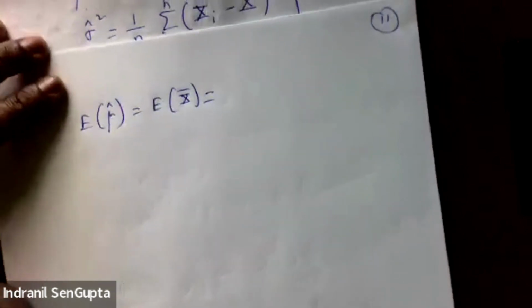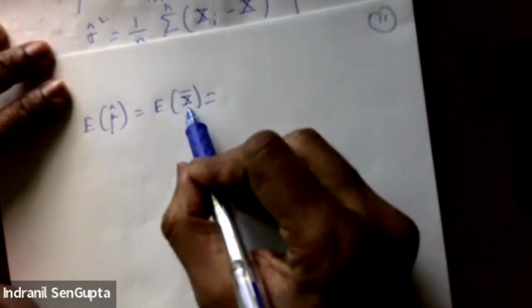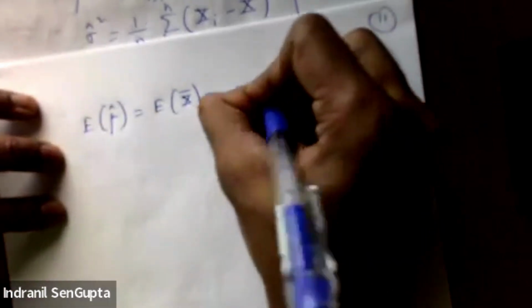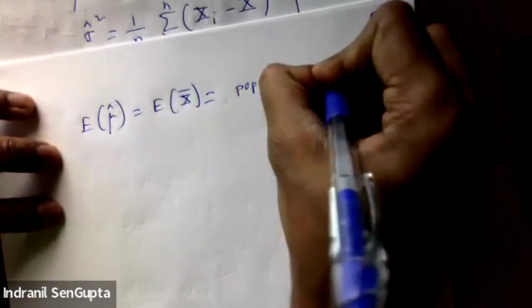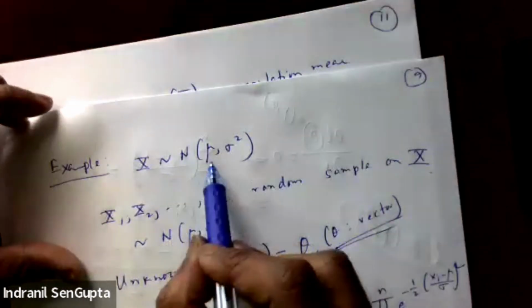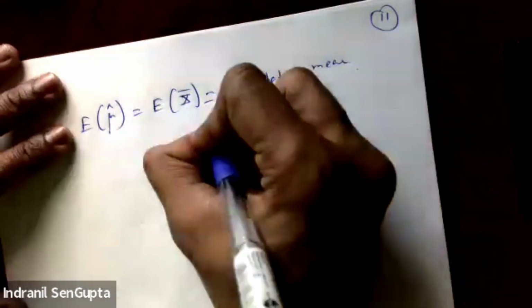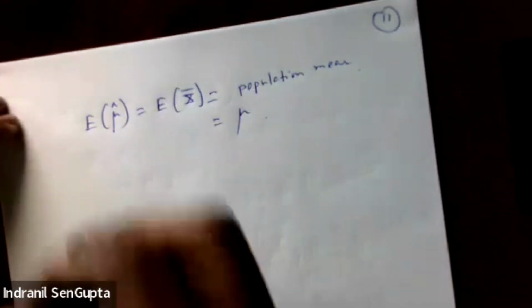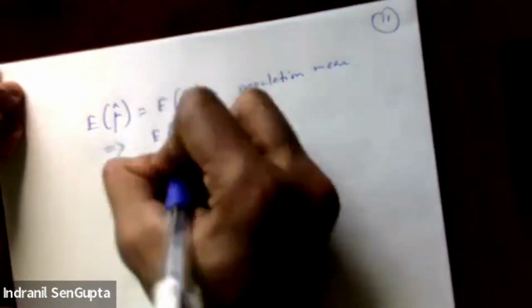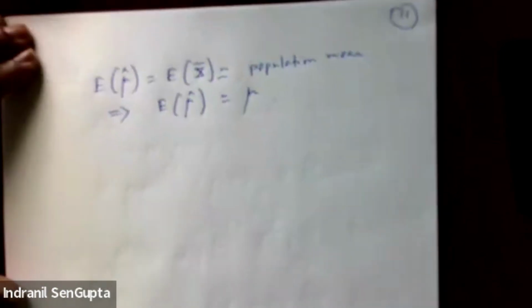And what is the expectation of the sample mean? That is the population mean. Here, each of these samples is drawn from a normal distribution with mean mu and variance sigma squared. So this has to be mu. Hence, E of mu hat is mu.